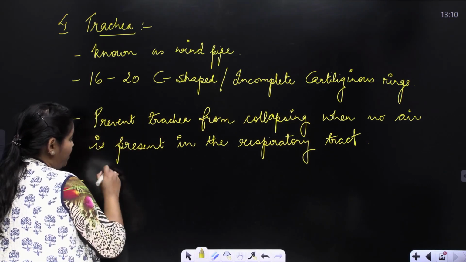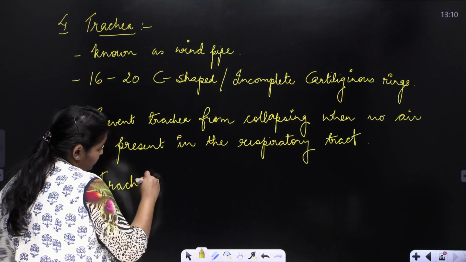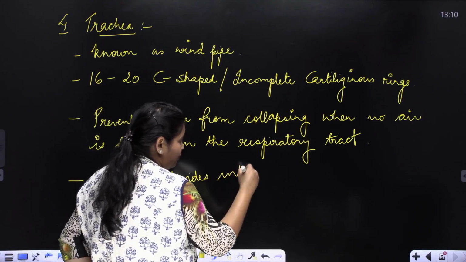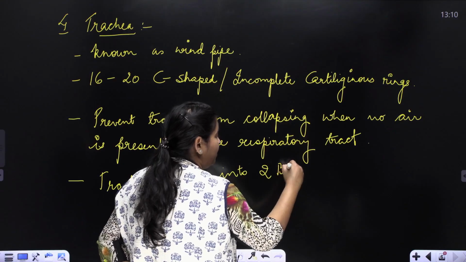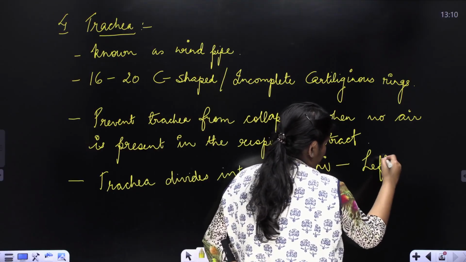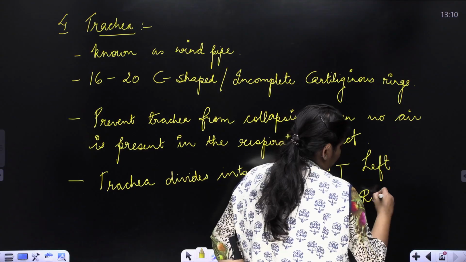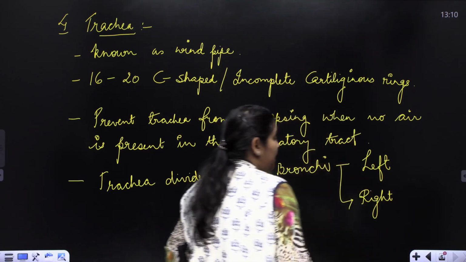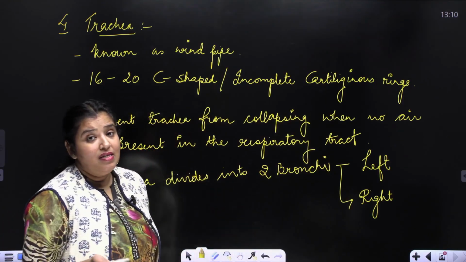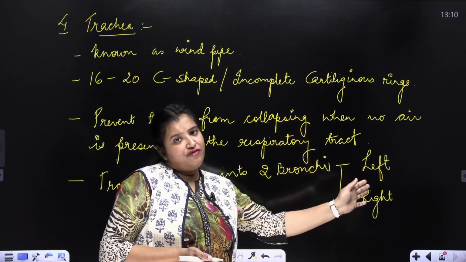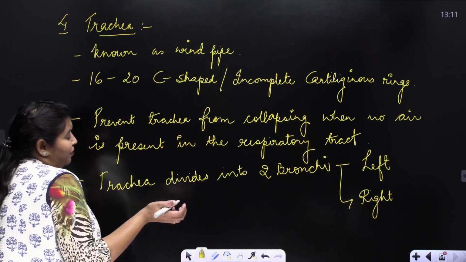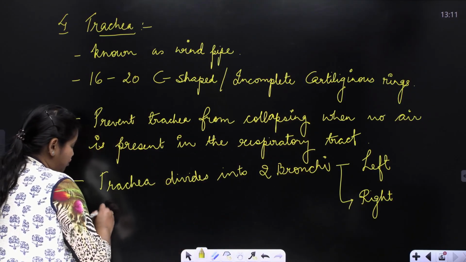And now the trachea divides into two bronchi, left and right. Each bronchus will enter the lung of its own side. That is, the left bronchus will enter the left lung and the right bronchus will enter the right lung. All right. So this bronchi then further divides.